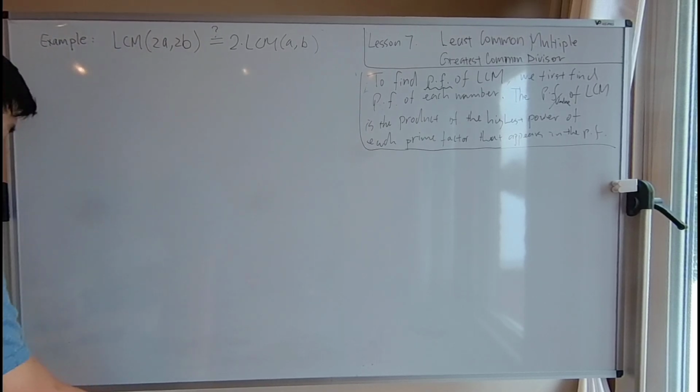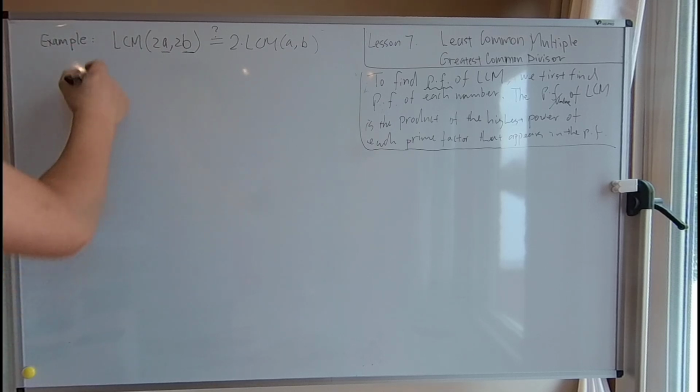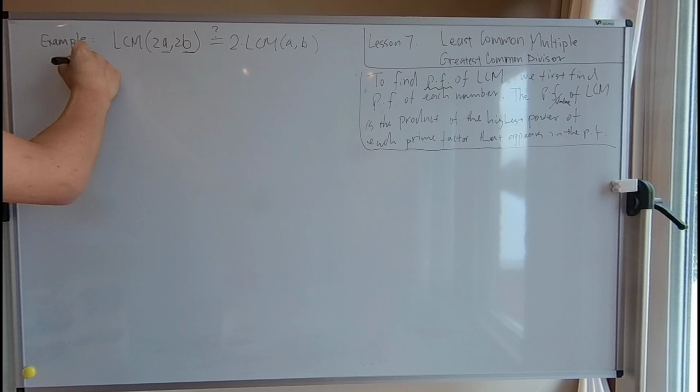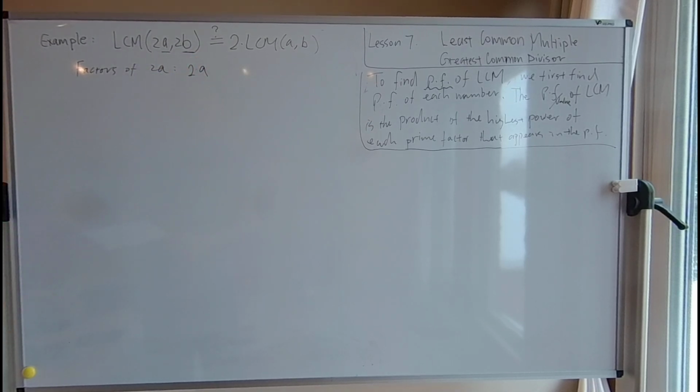Because here we don't have actual numbers anymore, it's been generalized as notation a and b, which means this works for any number a and b. So first of all, I can still pretend to write down the prime factors of 2a and 2b. First of all, 2a is 2 times a, right? So 2 is already a prime number.